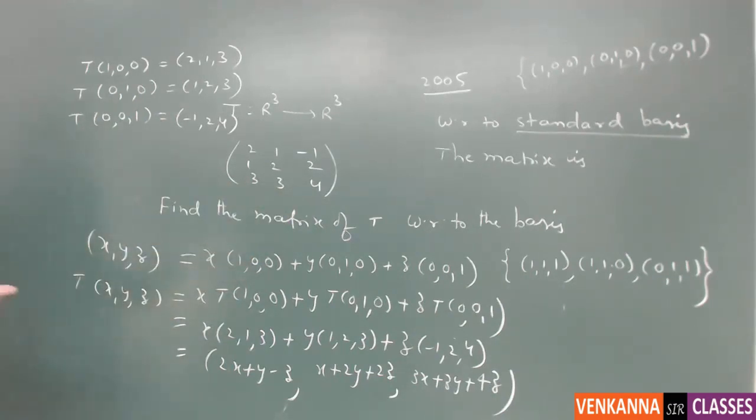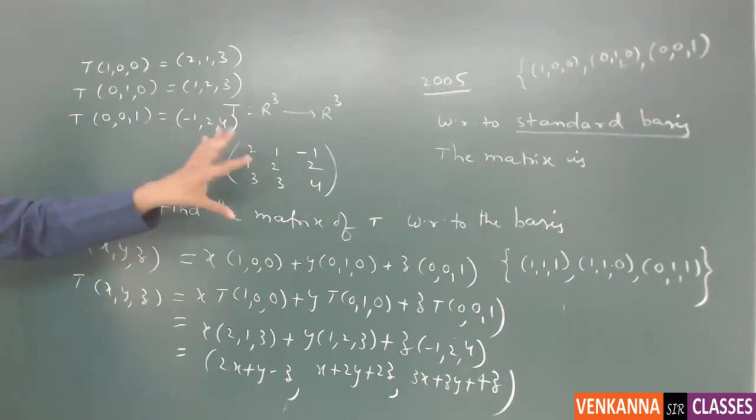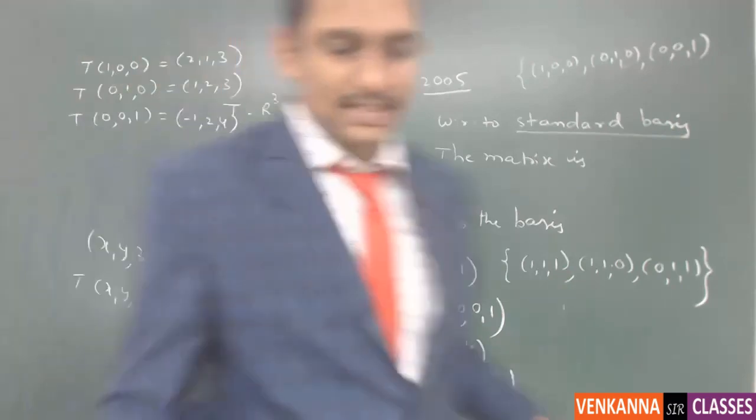Usually we do the procedure when the condition is given. So in order to get the condition of T, I deduced the condition from the given matrix. So the importance of the matrix here is that I need to get what is T of x, y, z. That's why I have used the matrix. So the use of the matrix is completed here.